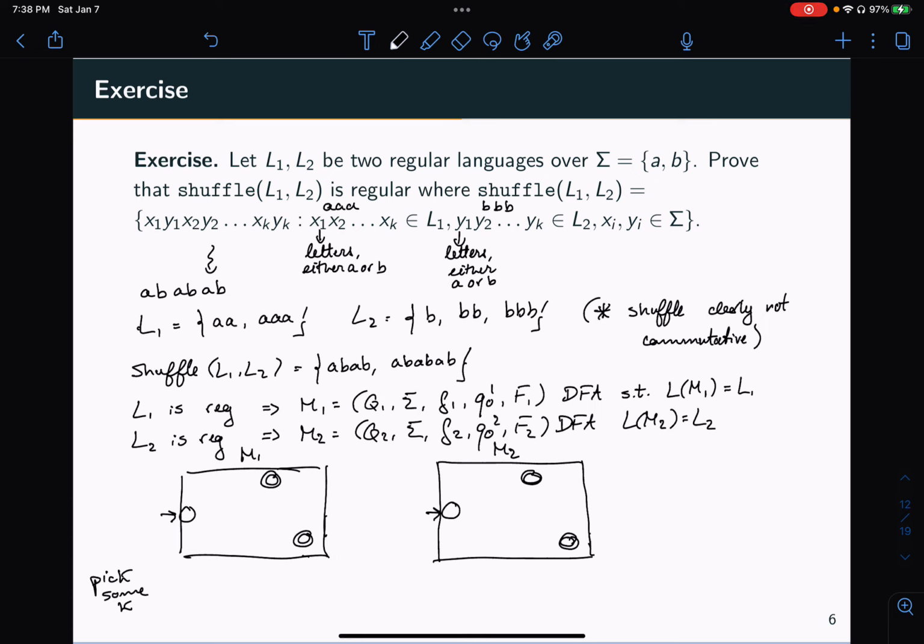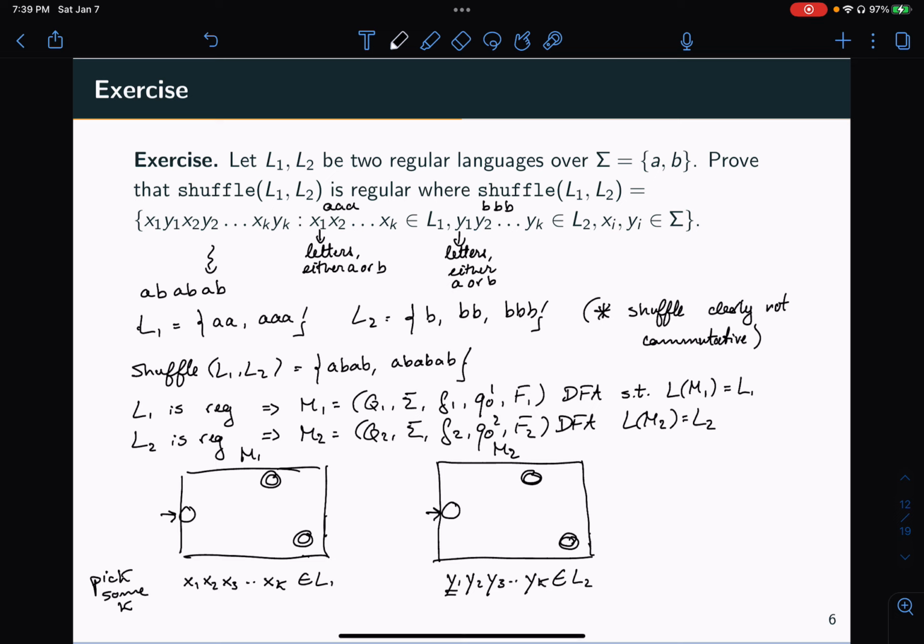Let's consider a string of length K in L1 and a string of length K in L2. So suppose we have X1, X2, X3, ..., Xk in L1, and Y1, Y2, Y3, ..., Yk in L2.